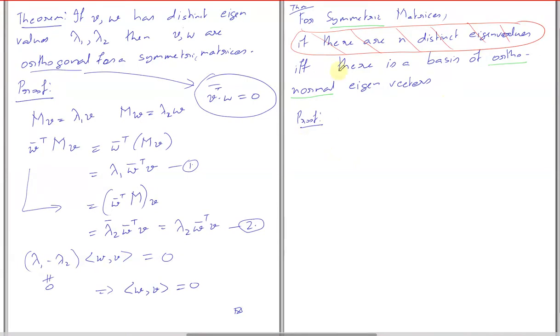So what is the reverse direction? Suppose you have a basis of orthonormal eigenvectors. Is the matrix symmetric? Can we prove the reverse direction?